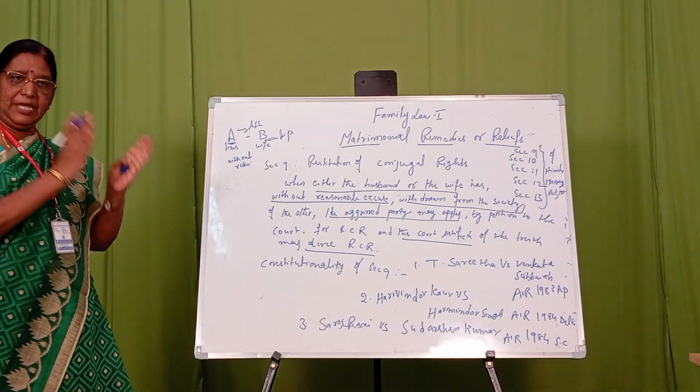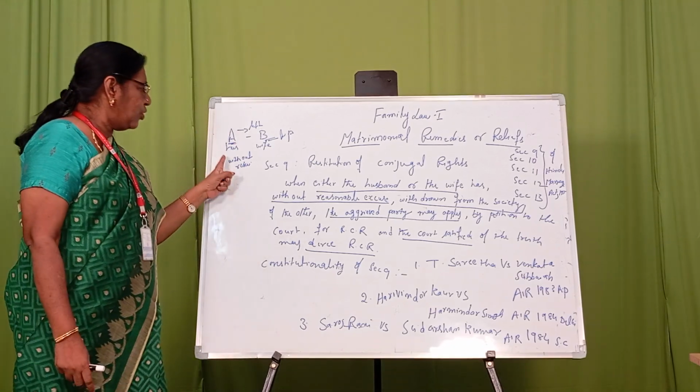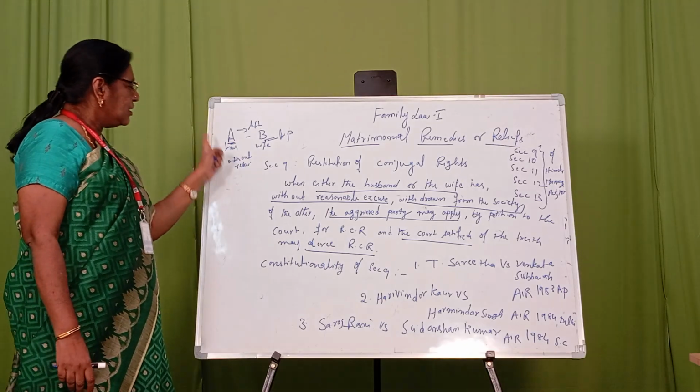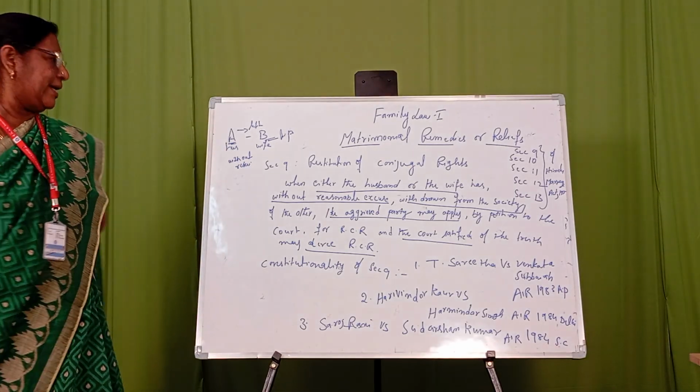If one of the parties left the other without a reasonable cause, the court directs the other party to go and join your party. That is restitution of conjugal rights.